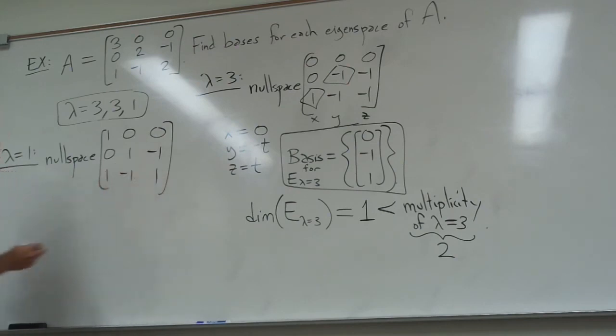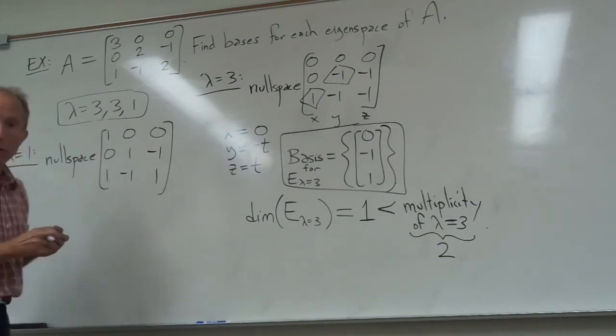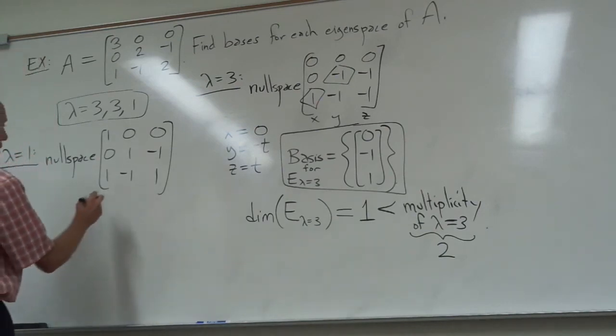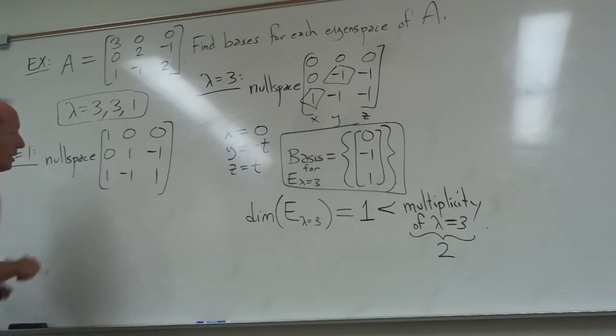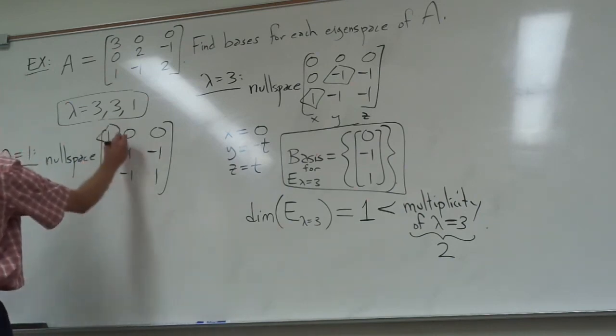Subtracting 1 from the main diagonal, I'm going to get that matrix right there. And what you'll notice, this isn't quite in row echelon form either, but essentially, here's the thing. The first 2 rows are already good.